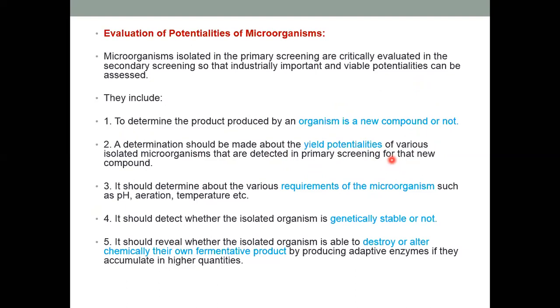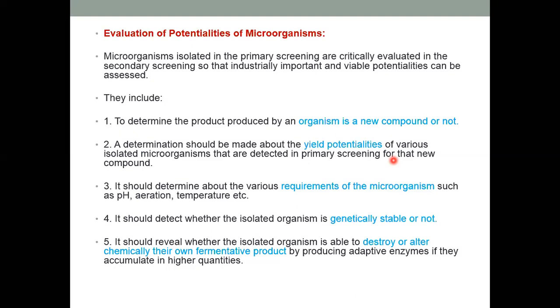Point number three: it should be determined what the various requirements of the microorganisms are. Of course, we need to know the media requirements, the climatic conditions, the environmental conditions, aeration, temperature, pH, all that is suitable for that microorganism. Then, point number four, they should detect whether the isolated organism is genetically stable or not.